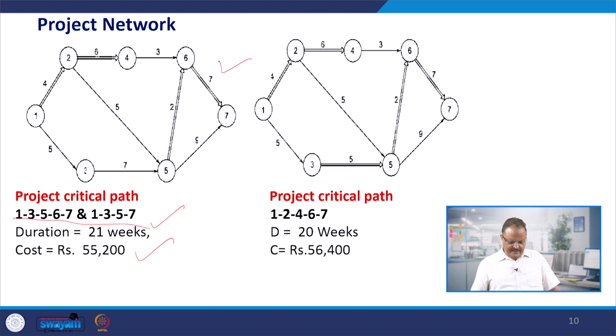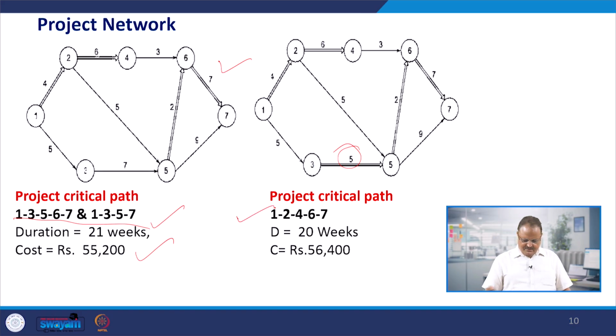Next step is that now on these two critical paths, 1, 3, 5, 6, 7 and 1, 3, 5, 7, we have to find out which activity can be further crashed. We could find out that activity 3 to 5 is common to these two critical paths, and it also has the least slope, so we crashed it.